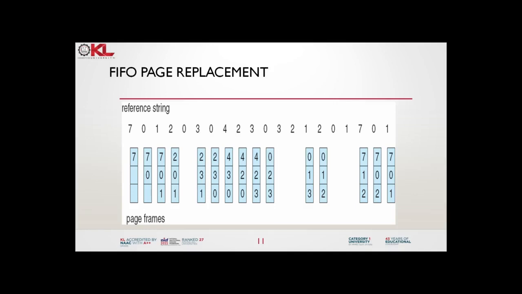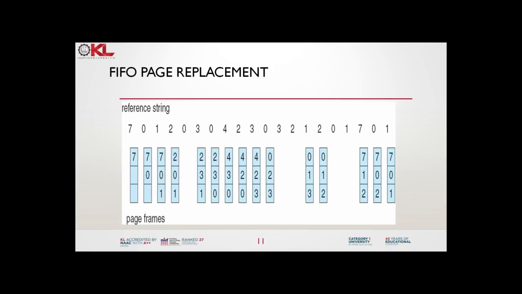So if you want to know the page hit ratio, the formula is the number of page hits by the total number of reference strings, which equals 5, the number of page hits, over the total of 20.